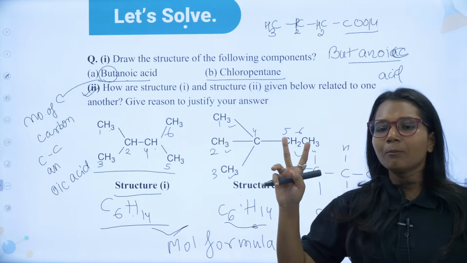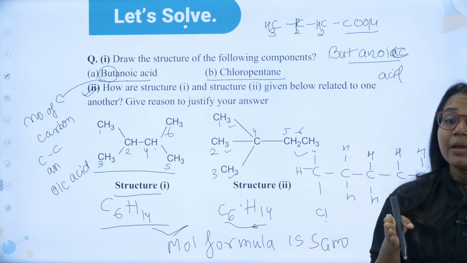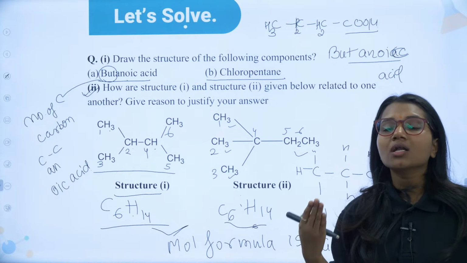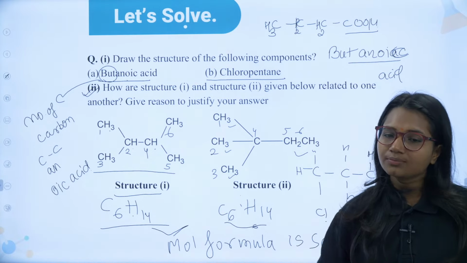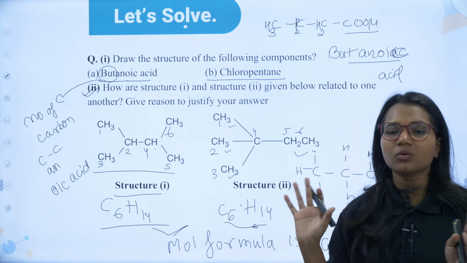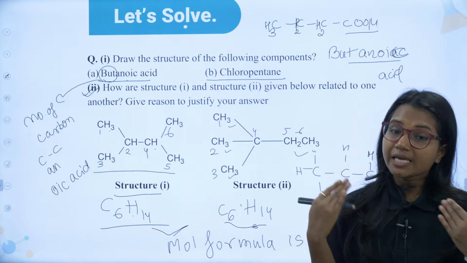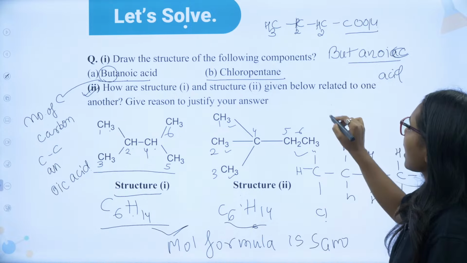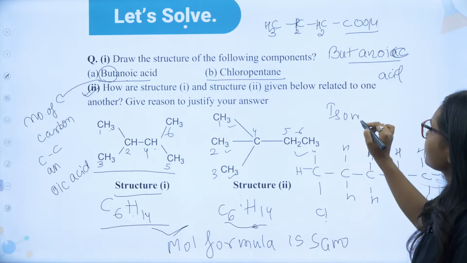So when two compounds have the same molecular formula and different structure, what are those compounds called? Those are called isomers.